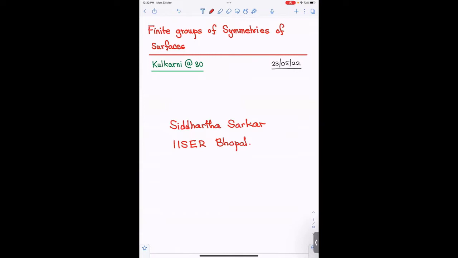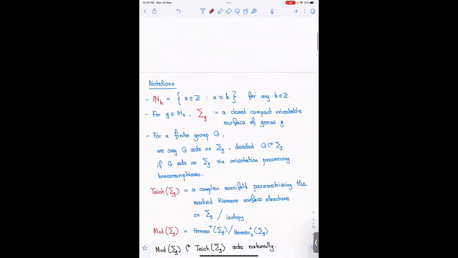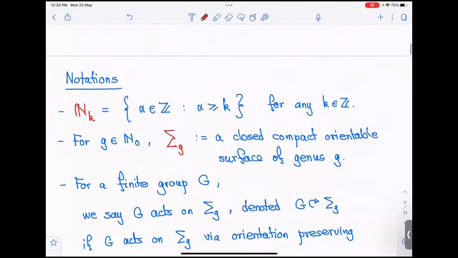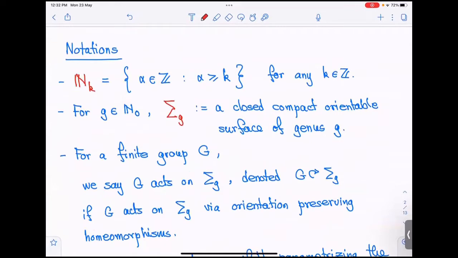Okay, so there was a slight typo in the title I gave earlier, so it should be finite groups of symmetries of surfaces. So let me go back to where it all started. I'll be introducing a few notations.